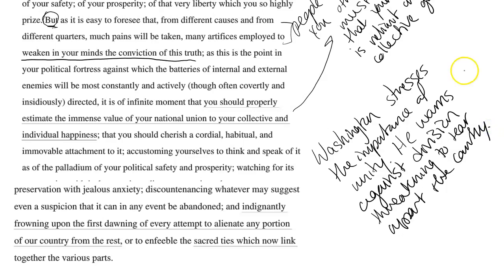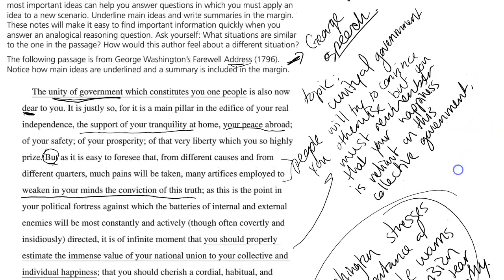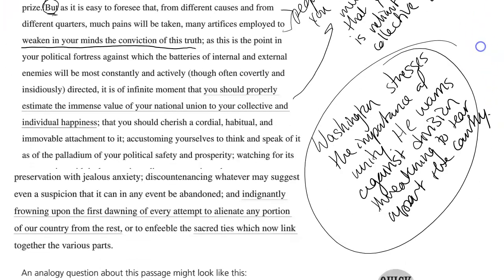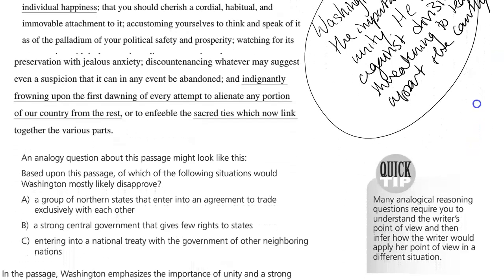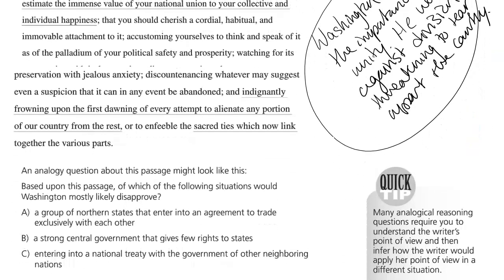Okay, so now that we have his overall main idea in this passage, let's take a look at some of the questions that we might encounter on the SAT, specifically questions that relate to analogical reasoning. And remember, the root of analogical is analogy, and when we have an analogy, we're comparing two things that are similar.